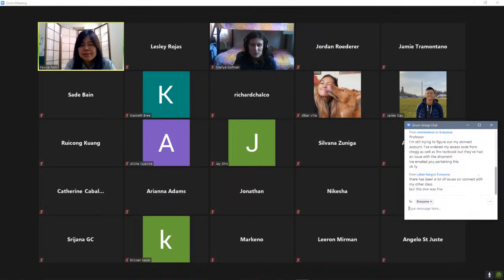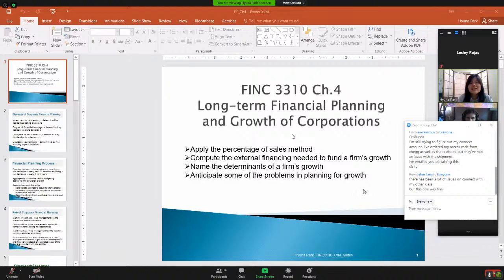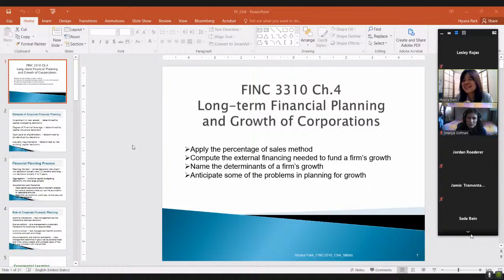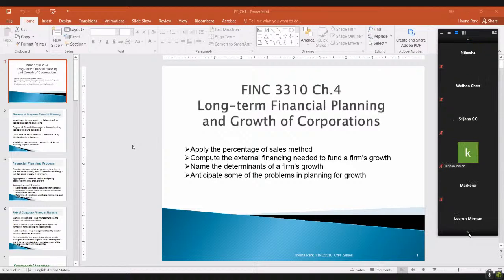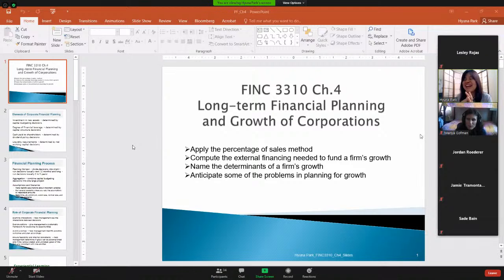All right, chapter 4. Chapter 4 is a quite challenging chapter. It's a very important chapter, but a challenging one, so you should pay very special attention to it. Compared to the previous chapters and later chapters, I would say chapter 4 is one of the most challenging.